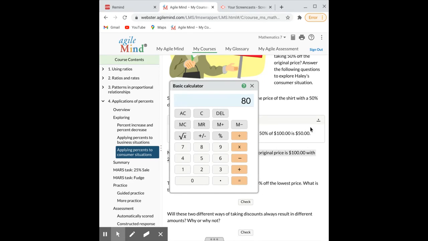Is there another way to do that? Does anybody got another way to do that? Could we have done it the way that Levi and Devin did? You could have, but you would have to do a little bit at the end, like the way I did it. All right.